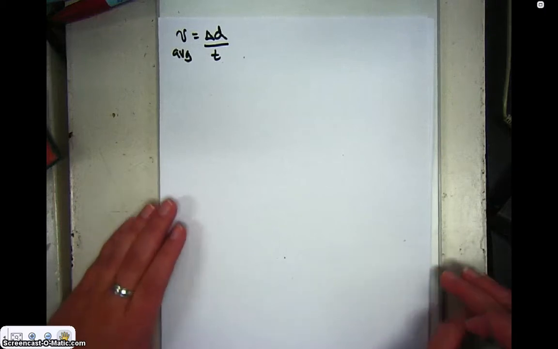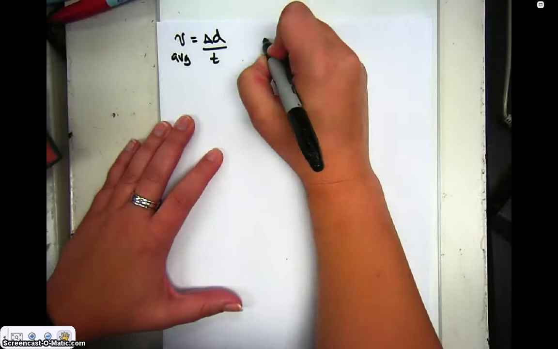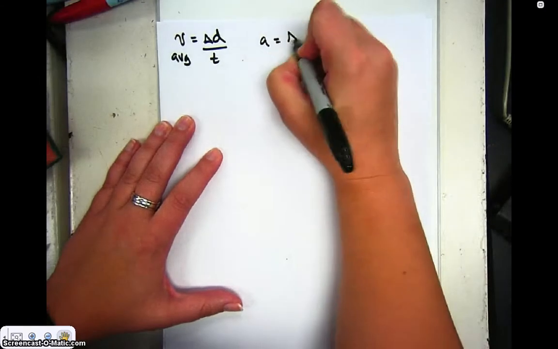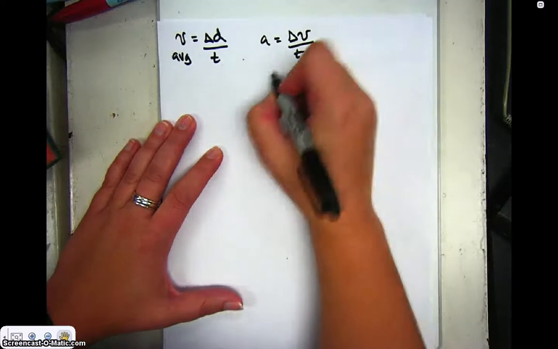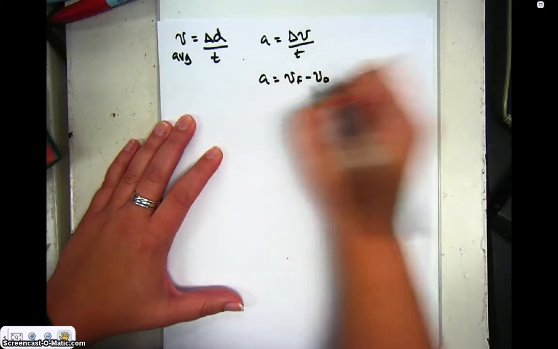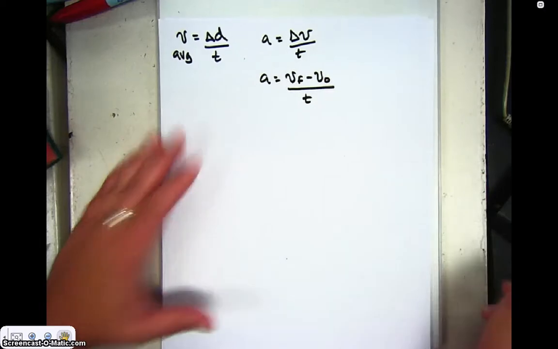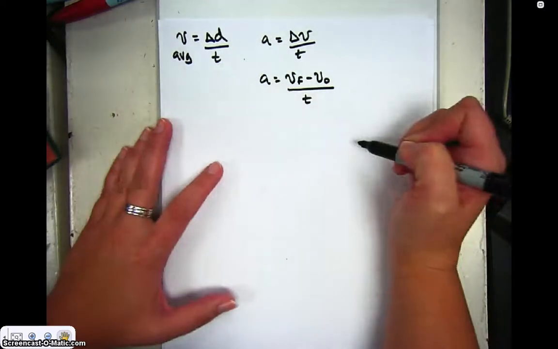Now, the other equation that we have is the equation for acceleration. So acceleration is equal to the change in velocity over time, which we also wrote as a being equal to v final minus v initial over time. Now, I can also algebraically manipulate this.